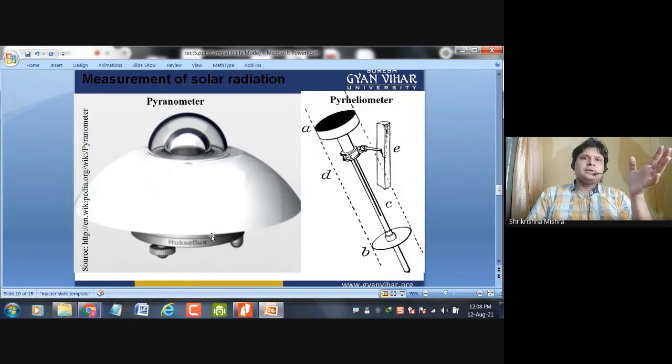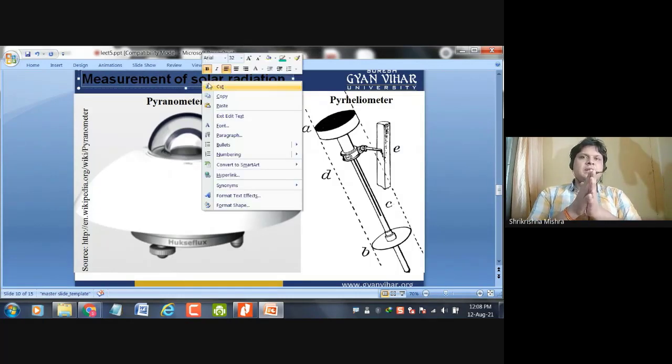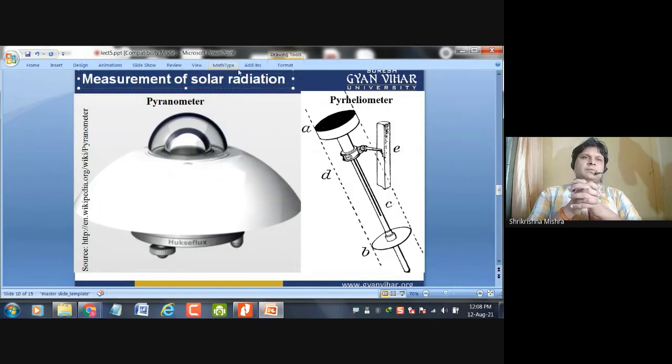Then after, let's discuss some of the measuring devices which are used to measure solar radiation. The devices used to measure solar radiation are, first, the pyranometer.